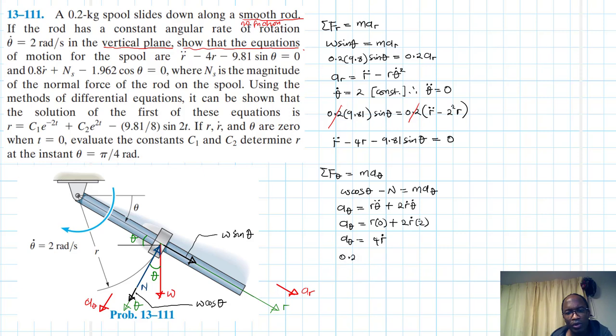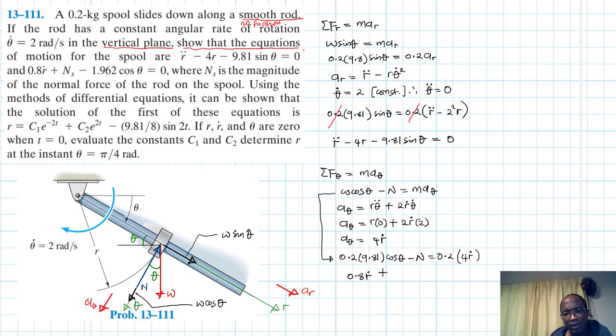So we'll have 0.2 by 9.81. This is the equation now that we're writing down. cos theta minus N equal to 0.2 by 4 r dot. Then this just becomes 0.8 r dot.